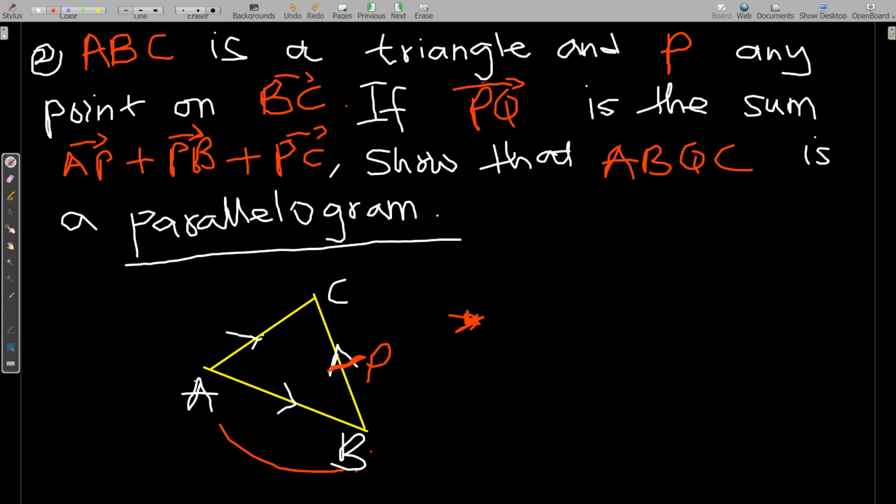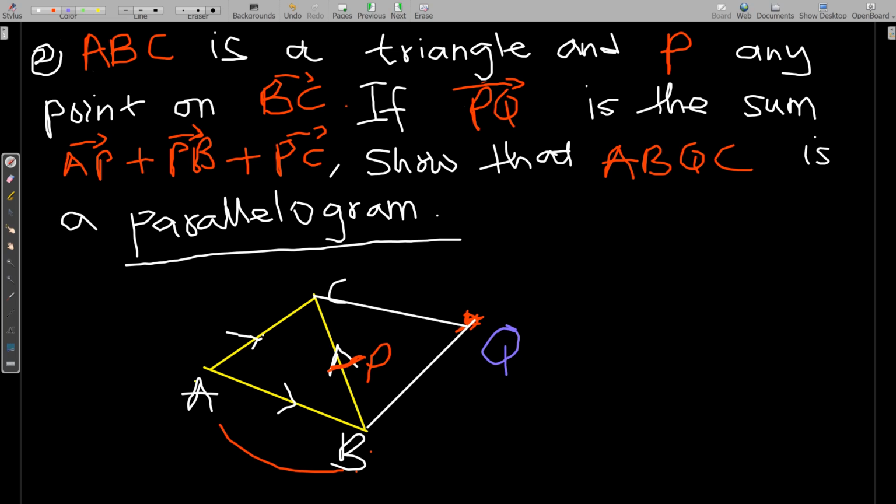So from the name we can know that Q should be at the point I've marked. Let's say this is our Q.